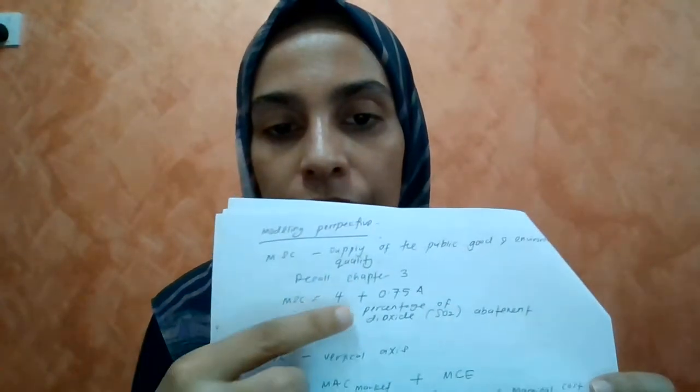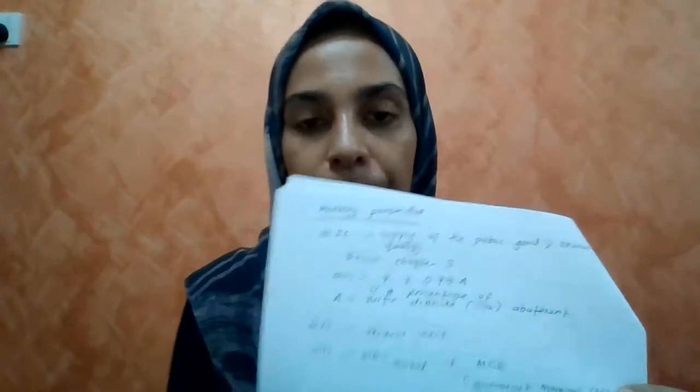Okay, 4 plus 0.75A. So what is A? A is abatement in terms of percentage lah. Contohnya kita nak abate, kita kata air quality lah, kita nak reduce the sulfur dioxide. So that is example, the equation.